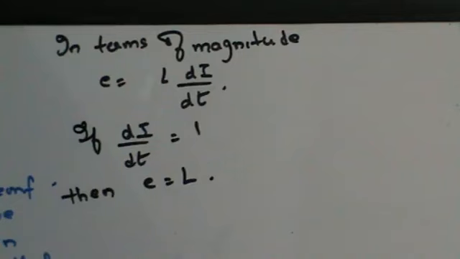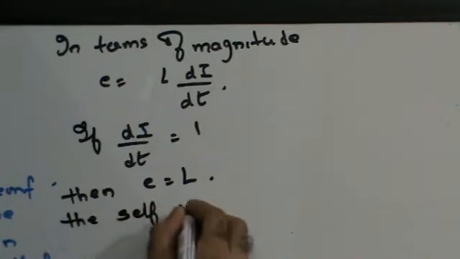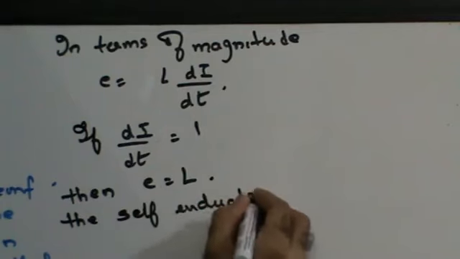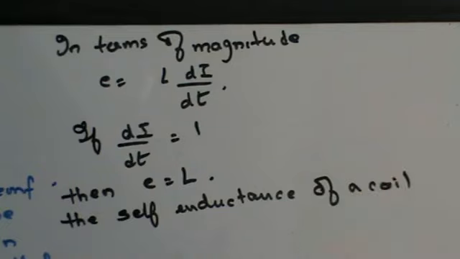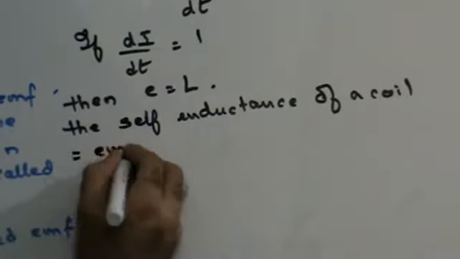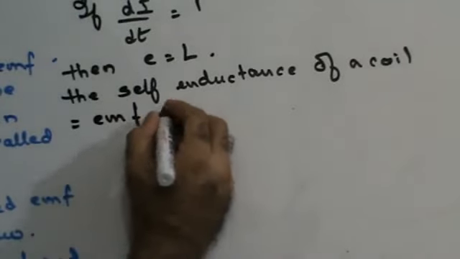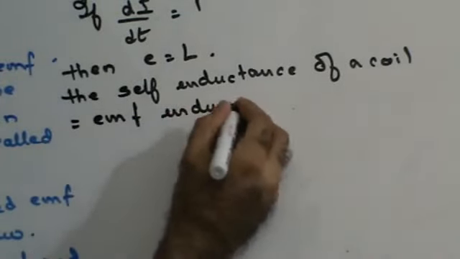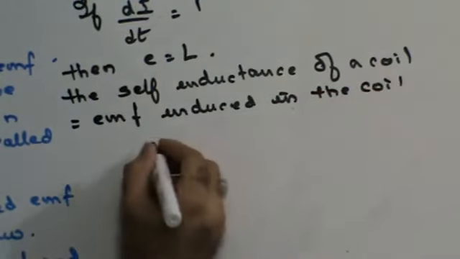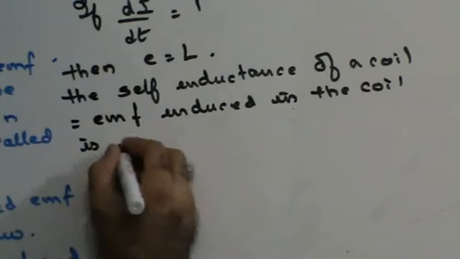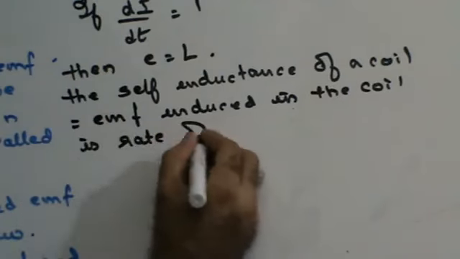Therefore, I can say the self-inductance of a coil is equal to the EMF induced in the coil if the rate of change of current is unity.